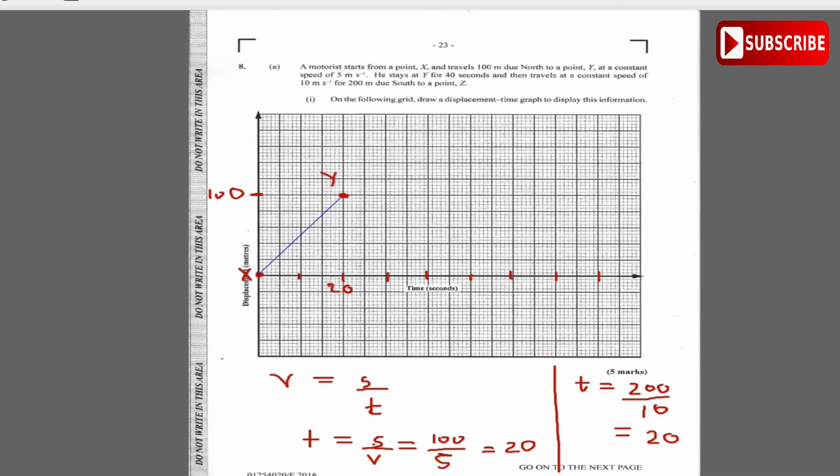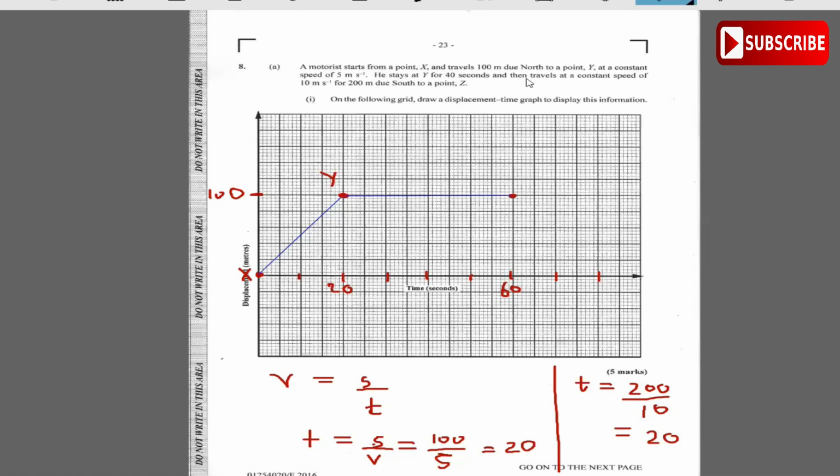So he travels for 20 seconds, then 30, 40, 50, 60. 60 is here. He stays at Y for 40 seconds, all right? So he's still at Y now, just staying at Y for 40 seconds.